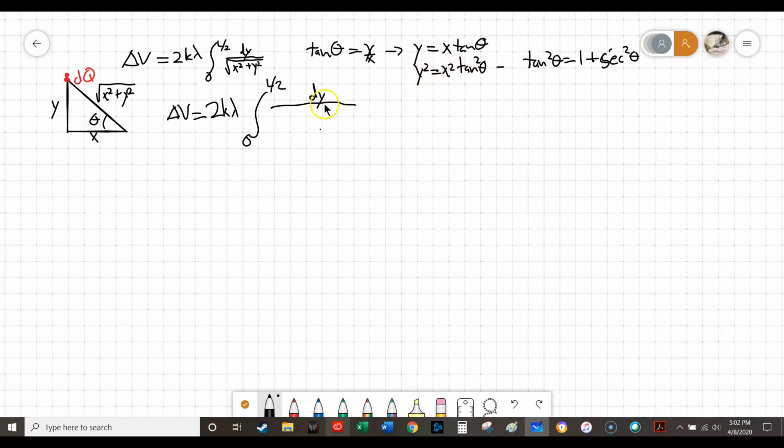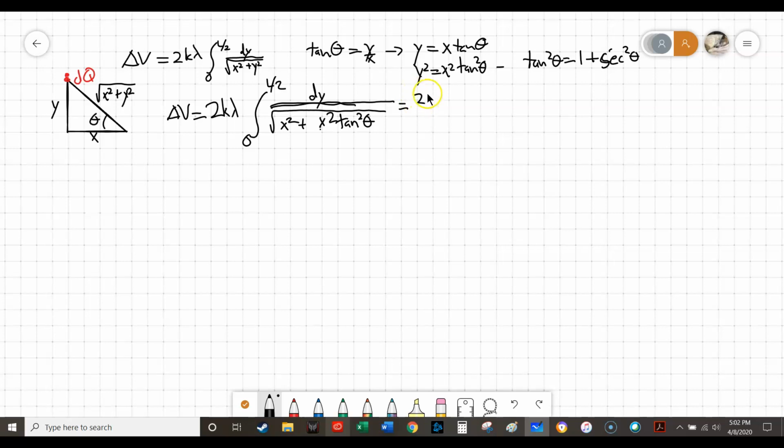So dy is going to be equal to the square root of x squared plus y squared, which is now x squared tangent squared of theta. Okay.